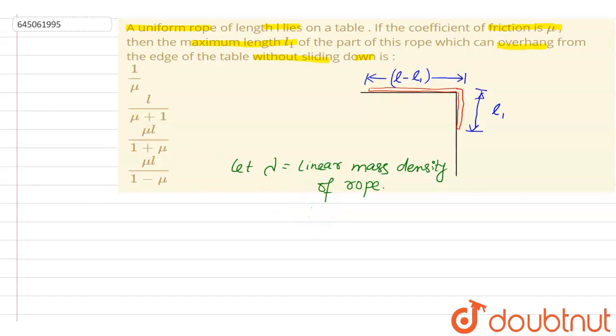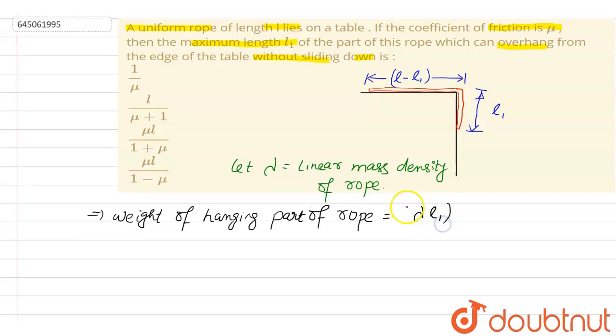So the weight of the hanging part of the rope is equal to lambda times L1, which is the mass of the hanging part, multiplied by g.